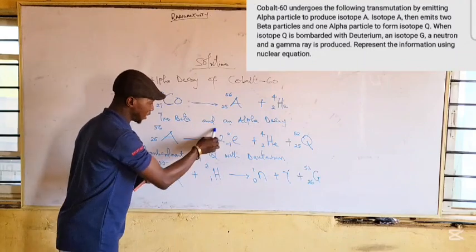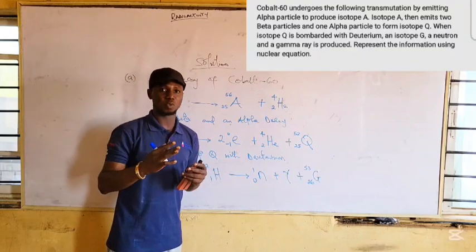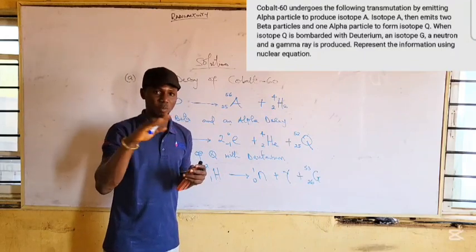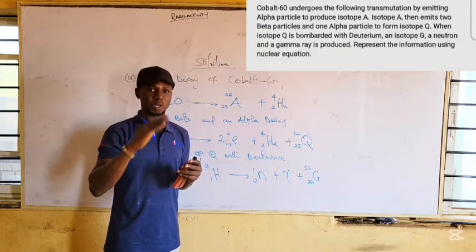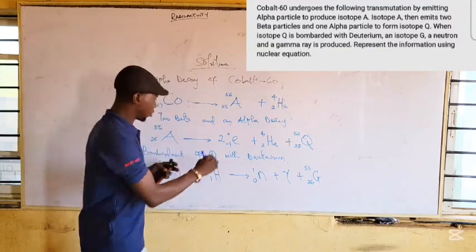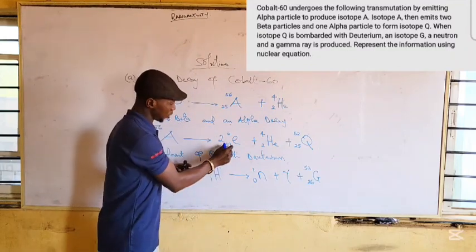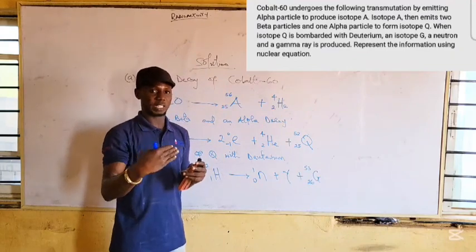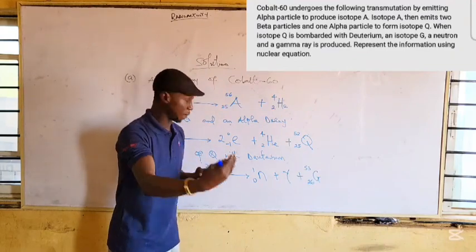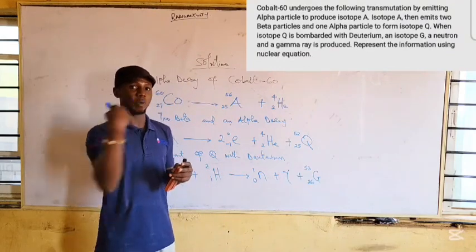So two beta particles. Now, let me pause here to explain that beta particle will not affect the mass number of a radioactive particle or any particle undergoing radioactivity. The mass number is zero, so it's not going to affect the mass number of that particle. And the atomic number is -1. It means it's going to be increasing the atomic number of that particular substance by 1 if it is emitted, and it will be reducing it by 1 if it is bombarded.